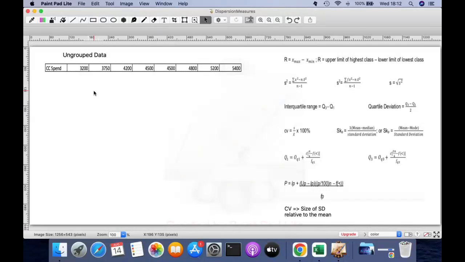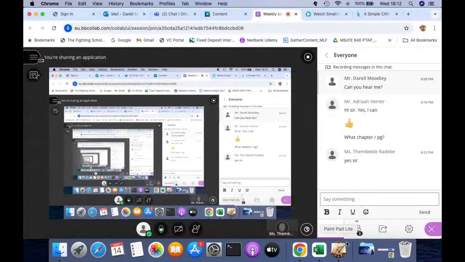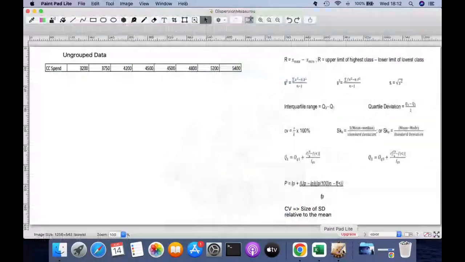All right, got my textbook. So we're on chapter 3 of your textbook, measures of dispersion.